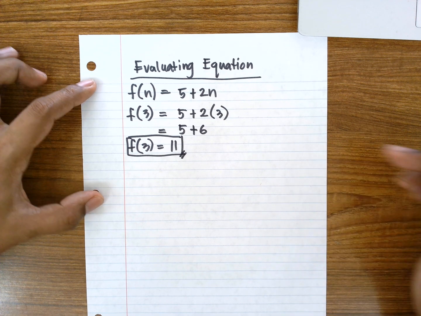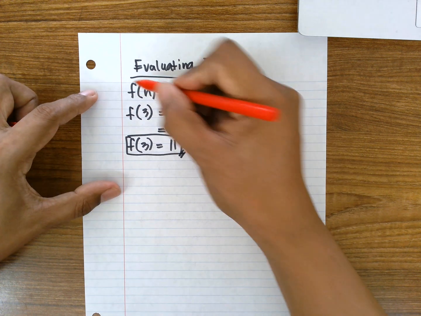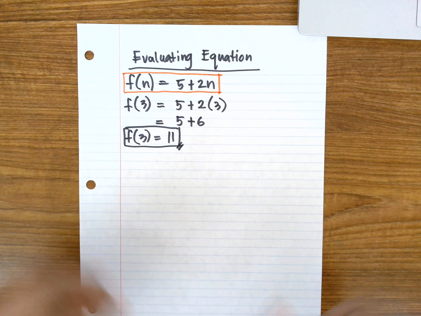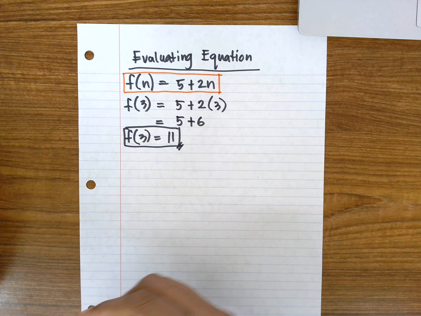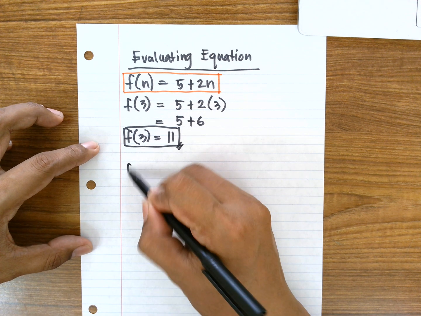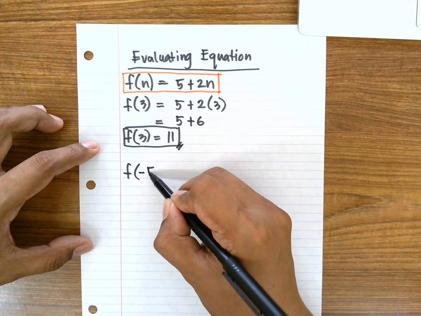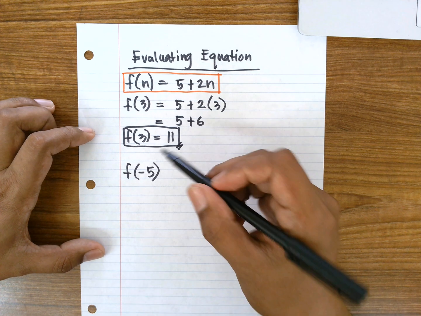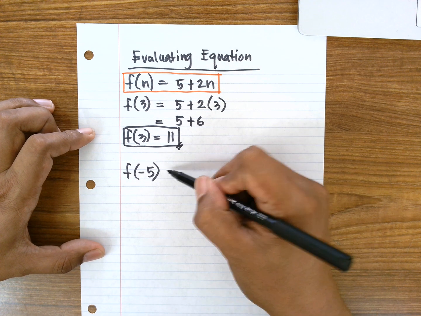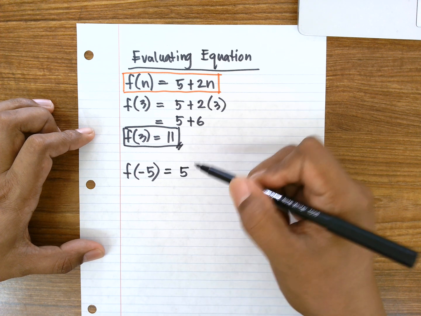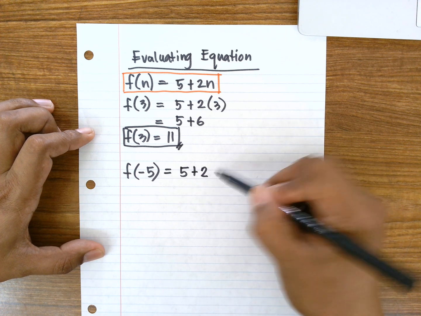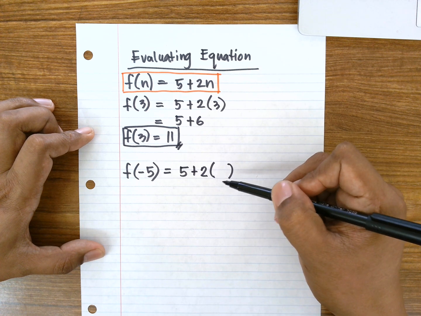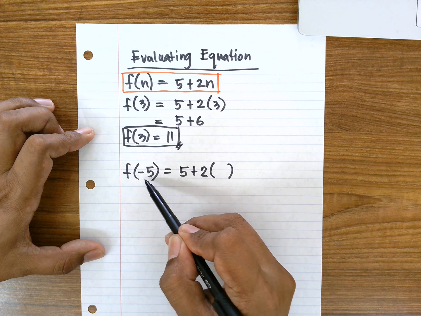Okay, so let us try another one. This is our equation, 5 plus 2n. Let us try finding the value of f of negative 5. In determining f of negative 5, just get again the equation, so that is equal to 5 plus 2. Instead of writing n, just write the value of our n, which is negative 5.